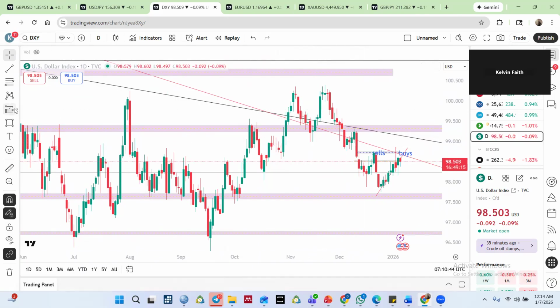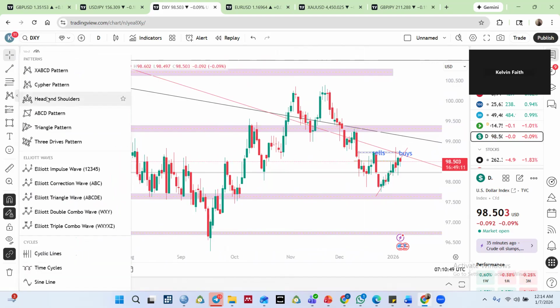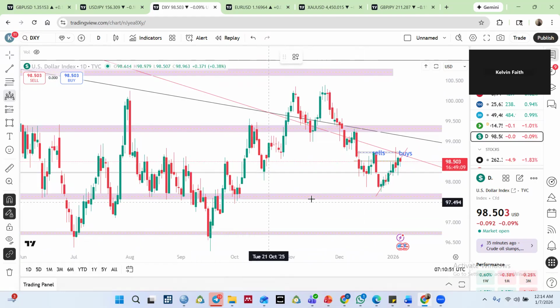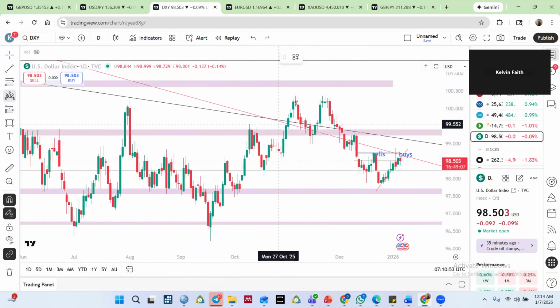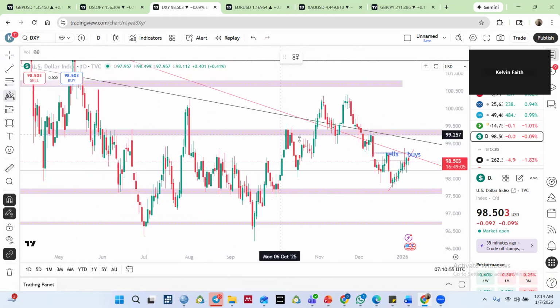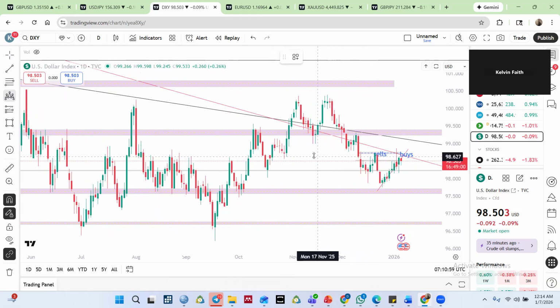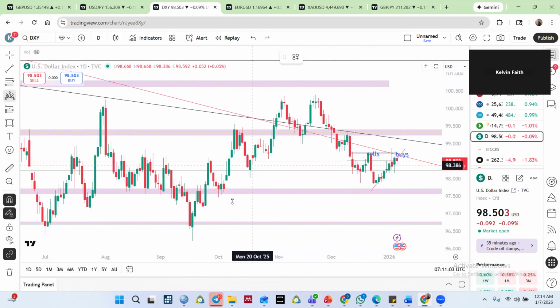And one thing I like to look at around these key areas is reversal patterns. So let's say price is trying to buy up, but at this key level, I expect that if price stays below this area, sellers should be in charge. So what should I look for? I'll look for any bearish reversal patterns, because price is kind of internally bullish right now.